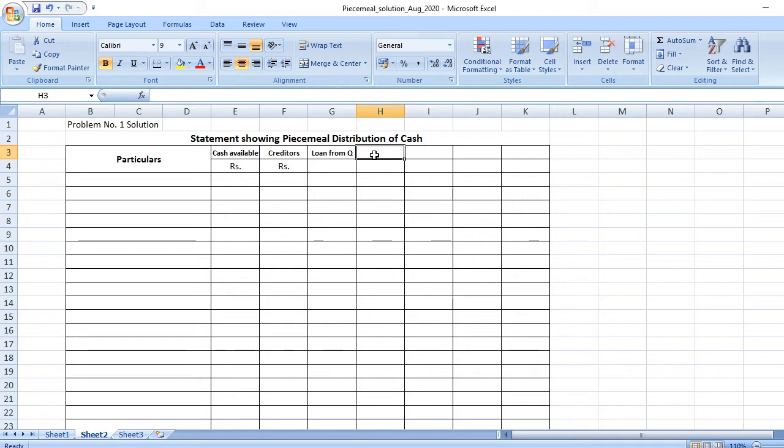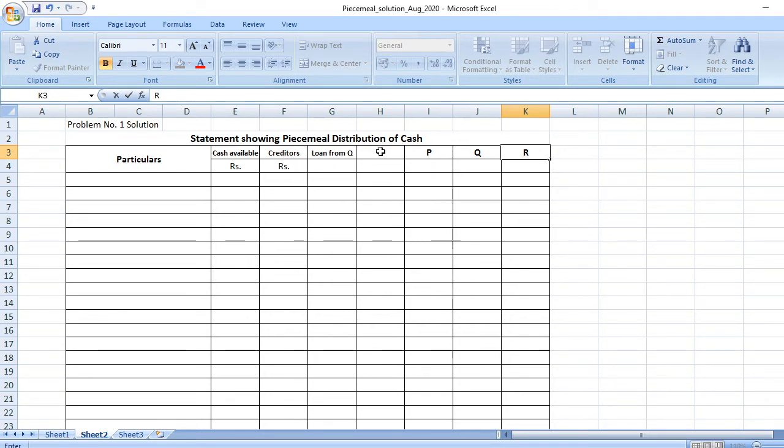We have to consider what kinds of partners there are. The partners are P, Q, R. So this partners' capital we have to consider afterwards. These things you have to keep in mind while preparing this.